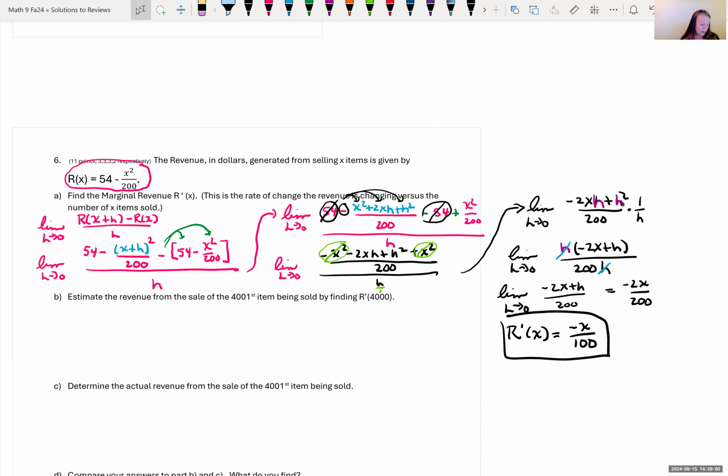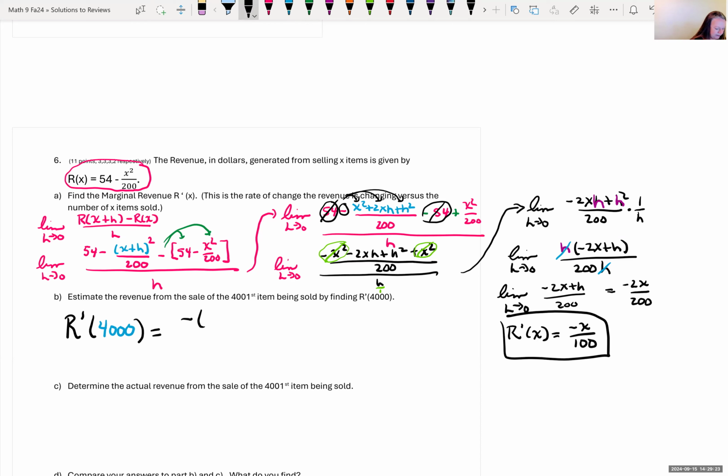Estimate the revenue from the sale of the 4,001st item being sold by finding r prime of 4,000. Well, we just found our derivative function, so we're evaluating our derivative function when x is 4,000.